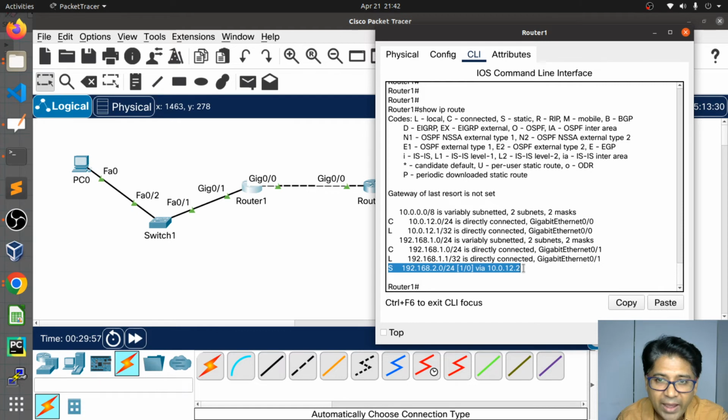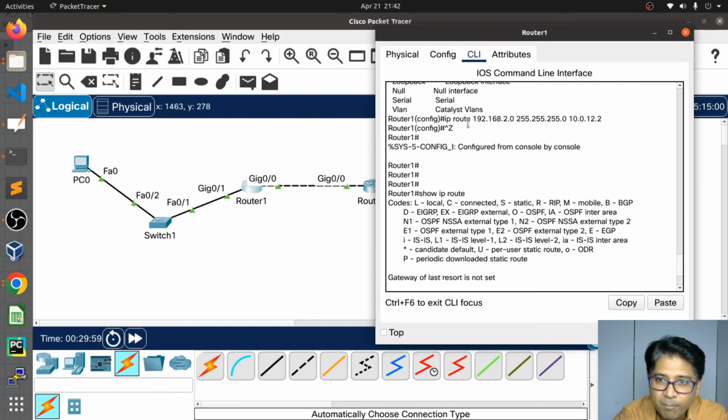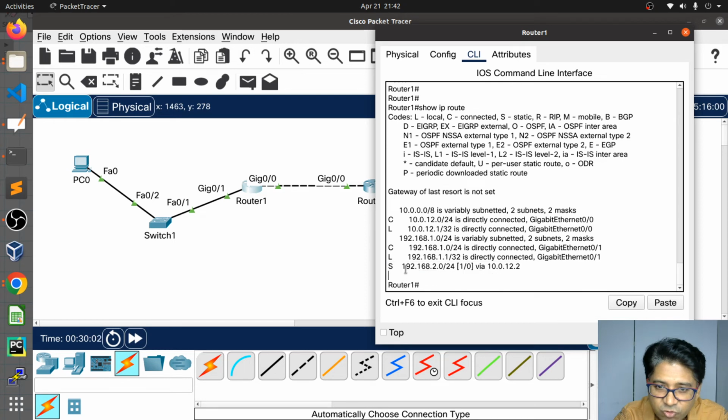As soon as you give this command, it is added as a static route, telling you that if you want to reach this LAN, you can go via this next hop. If you are able to reach this subnet, you are able to reach this. Let's test it. So I'm pinging 10.0.12.2.